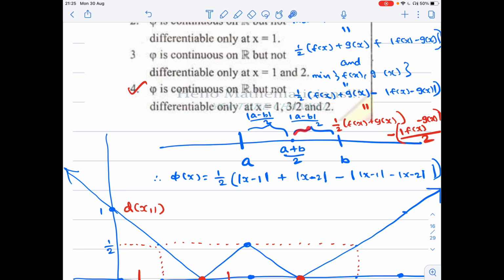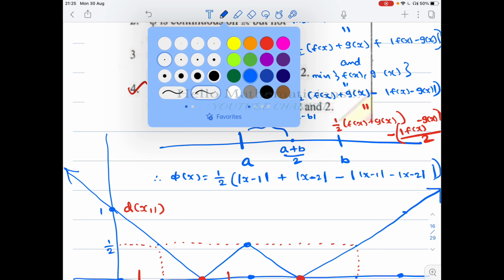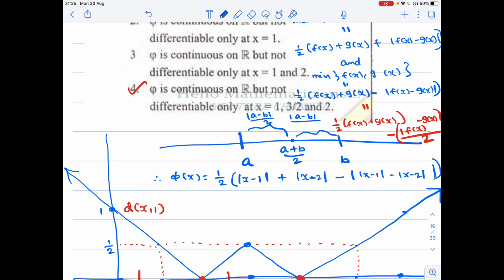Now if you calculate this distance, that will be mod a minus b by 2, because this full distance is mod a minus b, therefore the half distance is mod a minus b by 2. Now this is a, this is b.